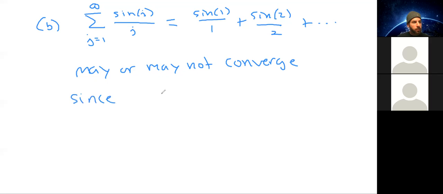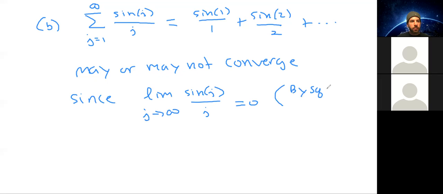Since the limit as J goes to infinity of the jth term equals 0. If you're interested in why, it's our old friend, the squeeze theorem.